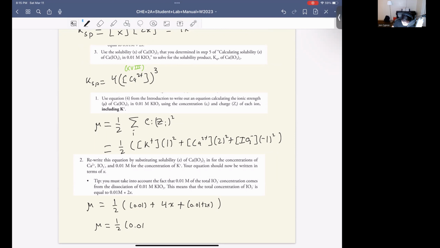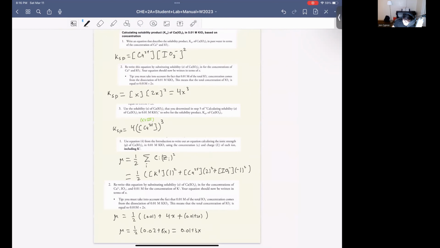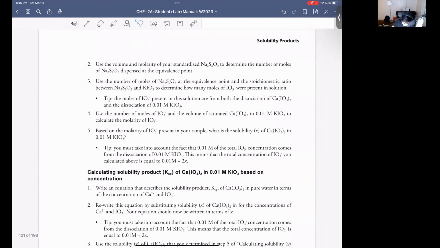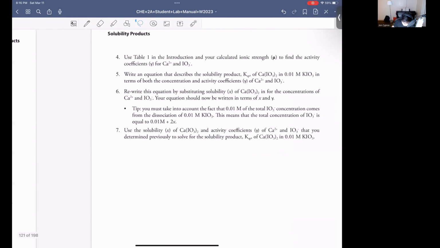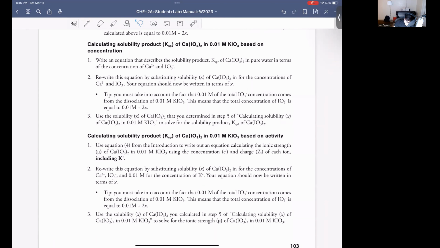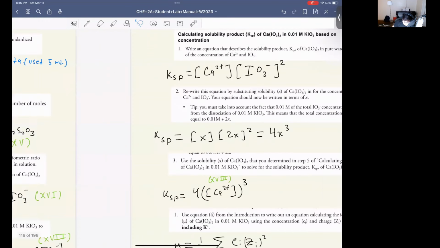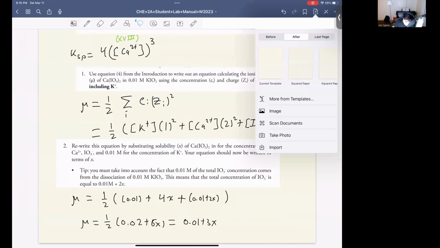So then this ends up being 0.02 plus 6x, which is 0.01 plus 3x. And that's it. Yeah, so that looks nicer. Easier to plug into your calculator too. Then you're going to go ahead and plug in your x. This is the same thing.